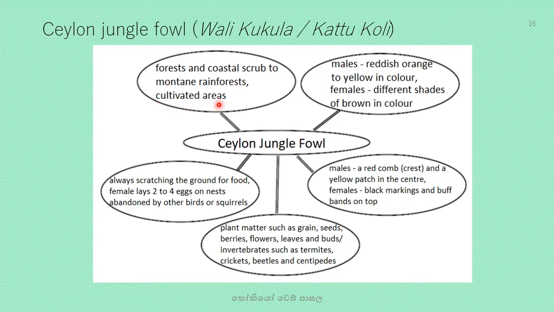That means areas which are cultivated by people, where they are doing agriculture. So I hope with this example you are now clear on what you are supposed to find related to these birds.